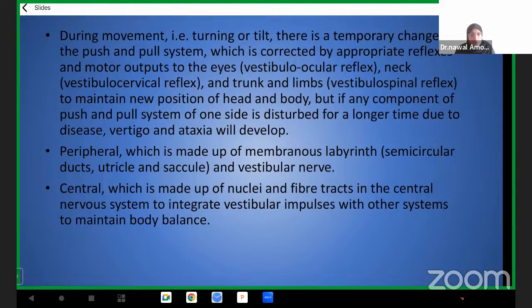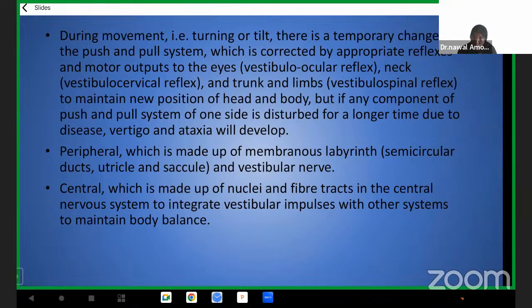During movement, that is turning or tilting your head, there is a small change in the push and pull system. If you rotate your head continuously and then stop, your head will take time to come into the neutral position. That is corrected by reflexes and motor outputs of the eyes.